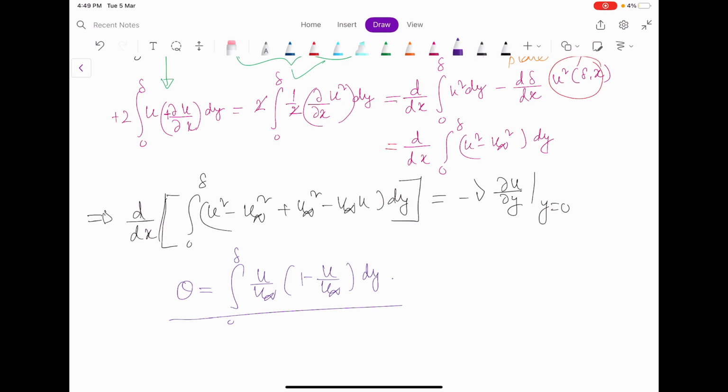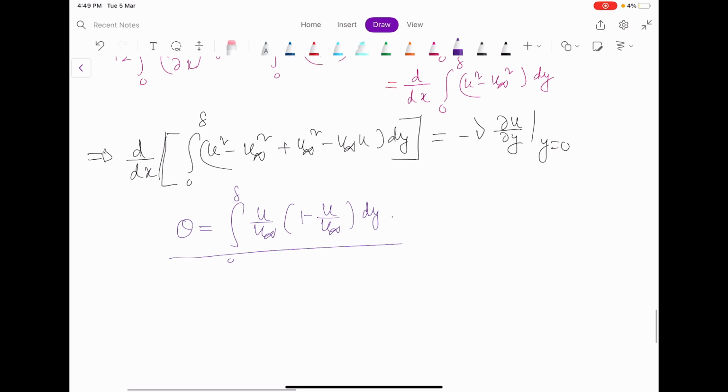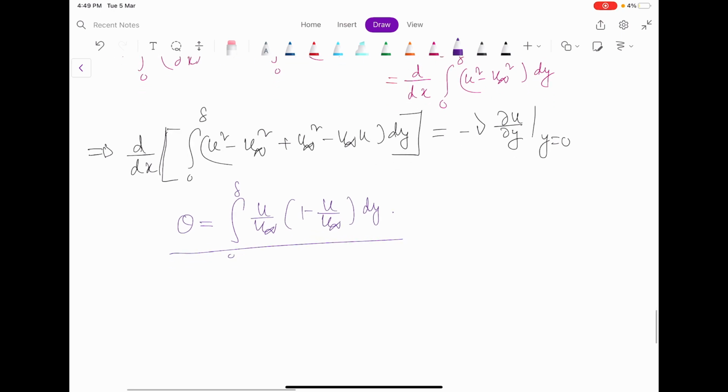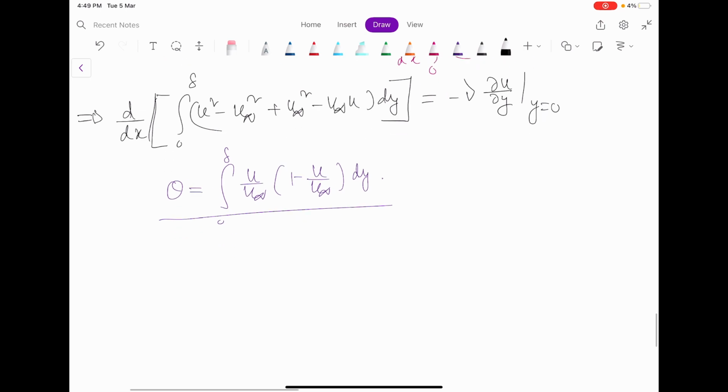Displacement thickness is to compensate the mass deficit, and momentum thickness is to compensate the momentum deficit because of the existence of the flat plate. I will not tell anything more than that because this is not a fluid mechanics course, and those things don't have to do much with this.